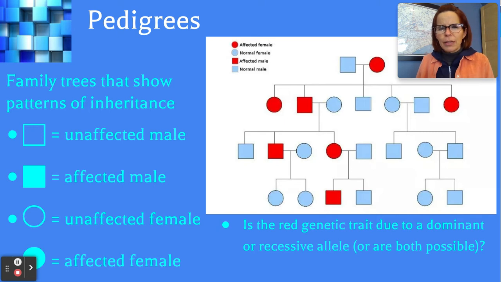But typically it's fairly rare, so it's going to vanish in the second generation. It requires two people who are heterozygous to come together, and then they have a baby that has it. So that's not a for sure, but just an idea. This one didn't skip any generations, and that's more indicative of a dominant trait.